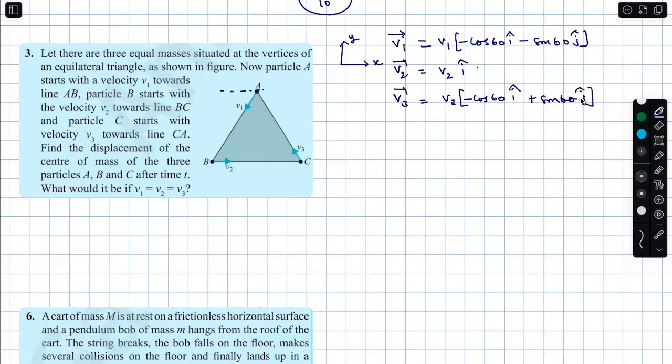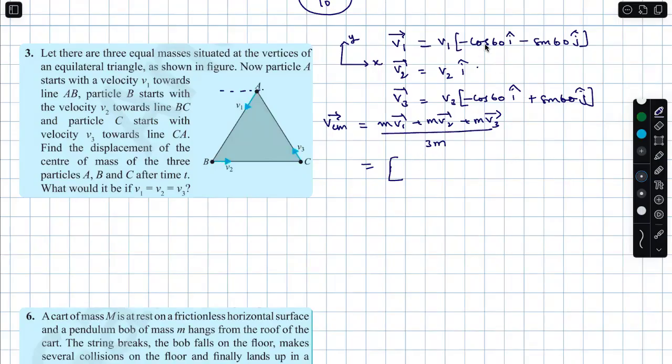You got the velocities, right? So what is the velocity of center of mass of the system? Identical masses: mv1 bar plus mv2 bar plus mv3 bar divided by 3m. So in this process, we have no idea what would be the values, they didn't mention it initially. So therefore, what are the I cap terms?